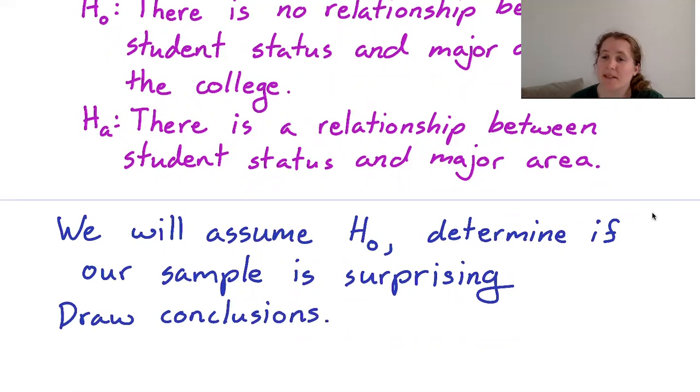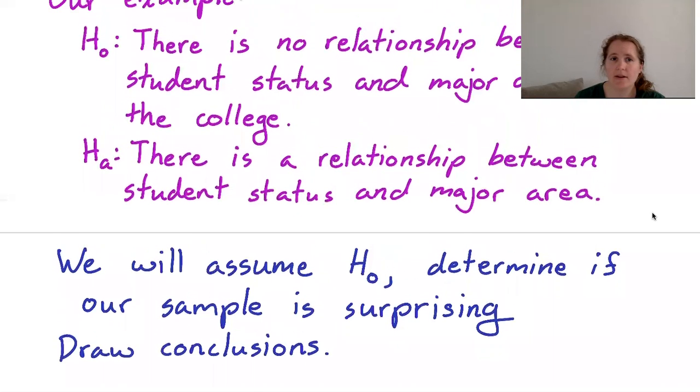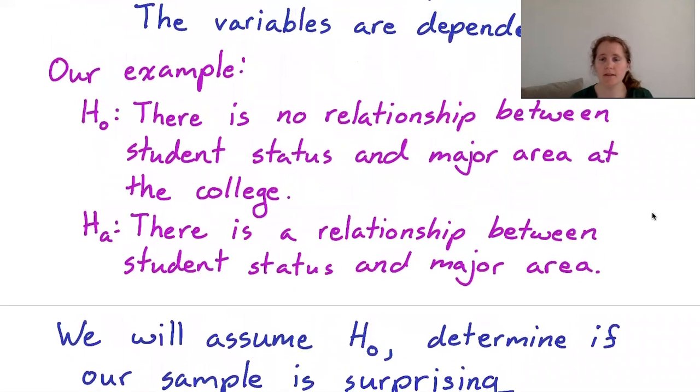That's just the basic idea behind the chi-square test of independence. We will get much more into the details in the next videos.